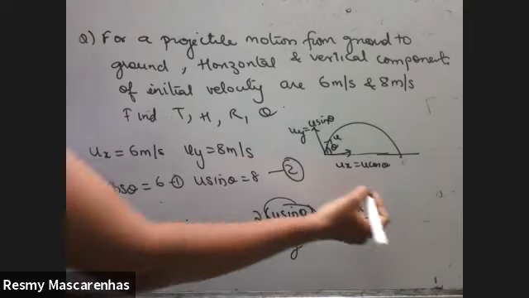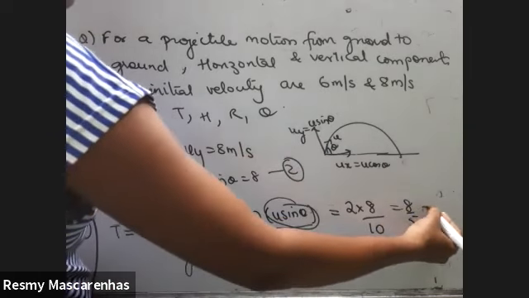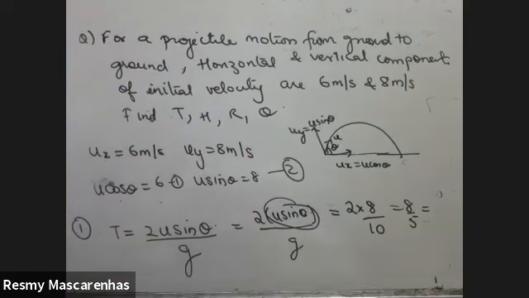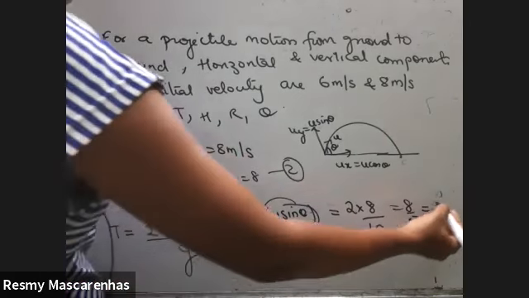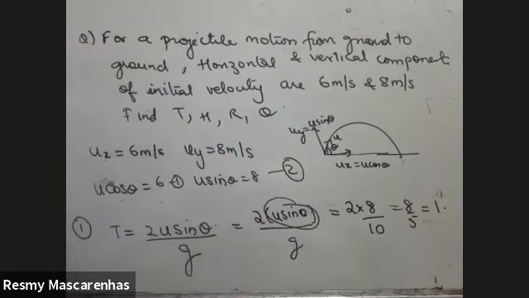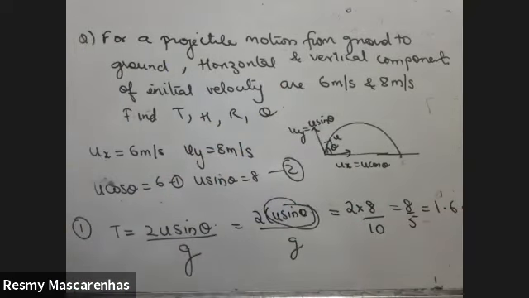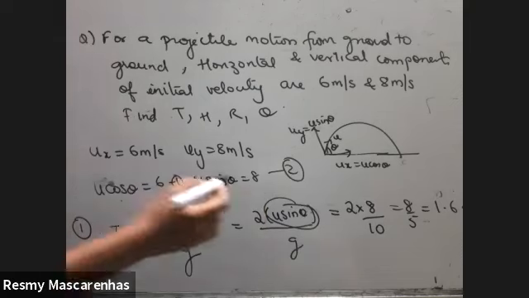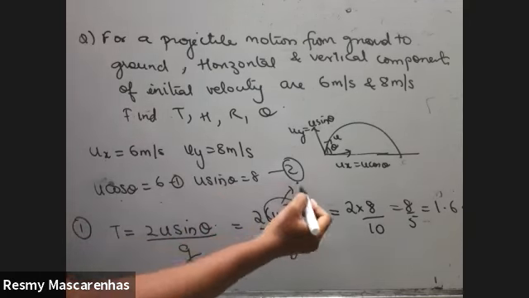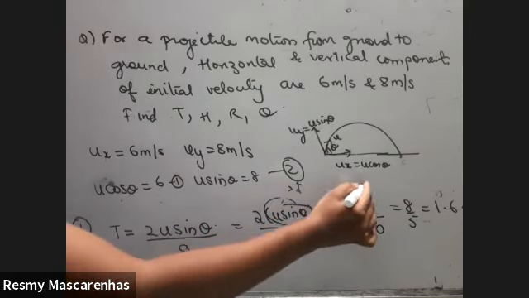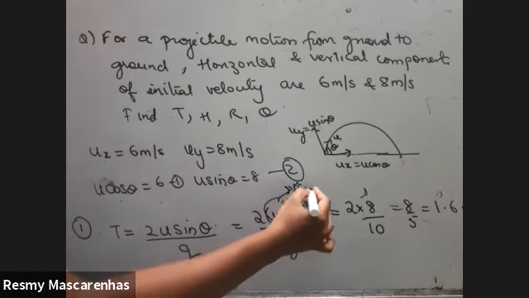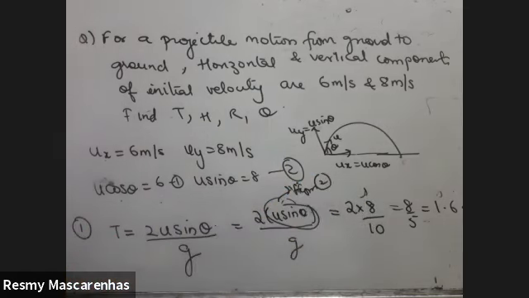So that will be 8 by 5, about 1.66. So if you want, write and keep. From where I got this value? From equation 2. Look out for the value of u sin theta, which is already given to me as 8.